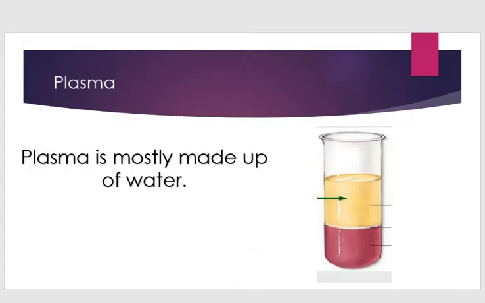Another, plasma. Plasma is mostly made up of water, and you can say that it is the liquid part in which all cells are there. What is the function of plasma?